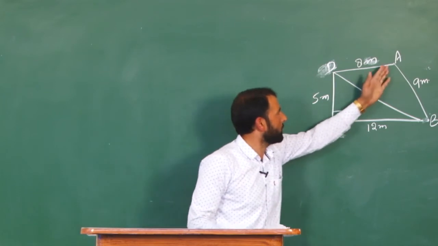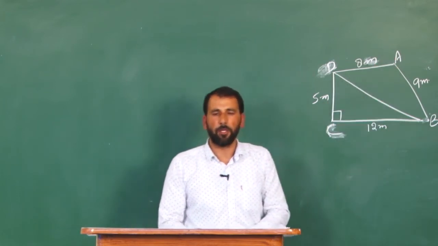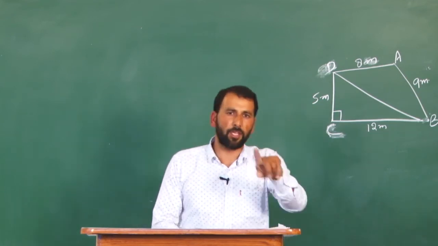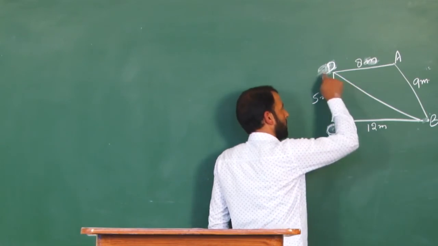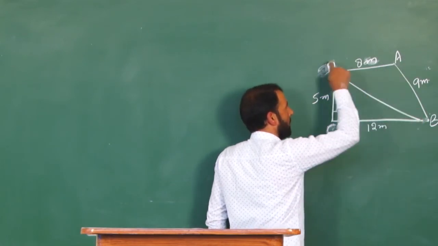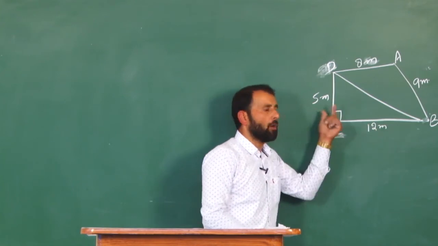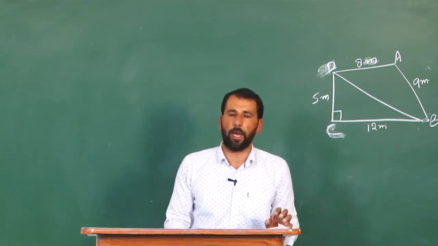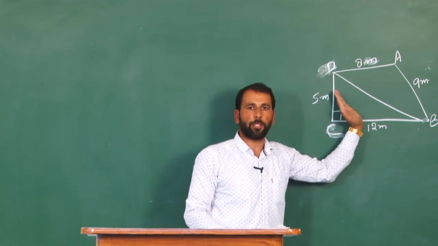But what about the triangle ABD, whose only two sides are given, the third side is not given? Again consider the right triangle BCD. This diagonal is the side of triangle ABD as well as the hypotenuse of triangle BCD. For finding the third side of the triangle ABD, we use the Pythagoras theorem.